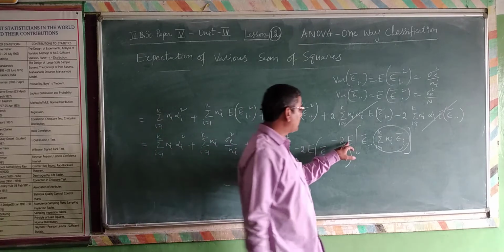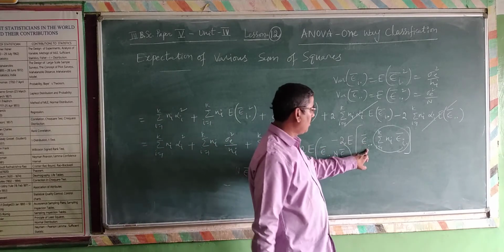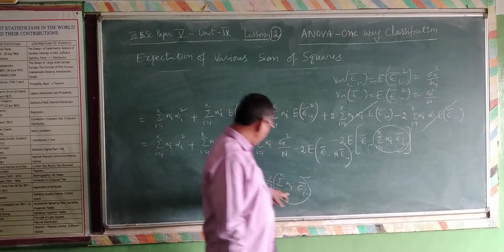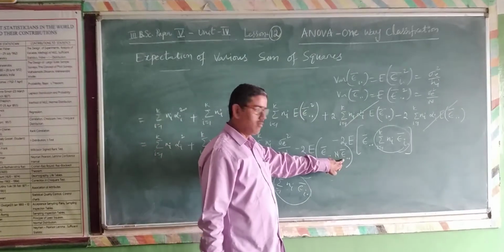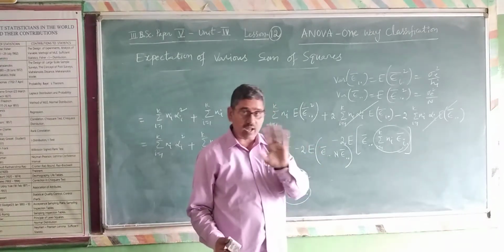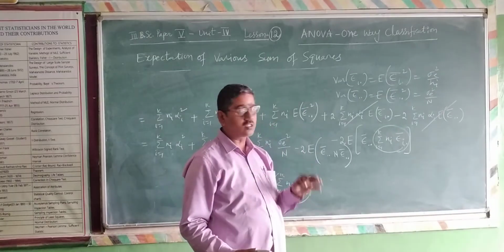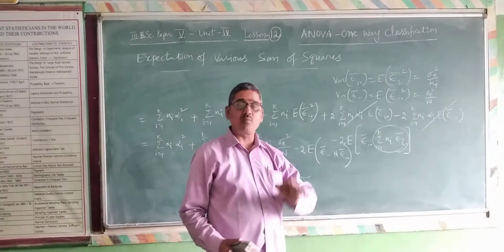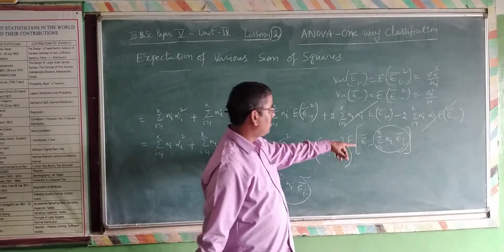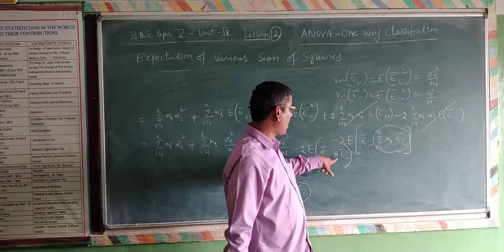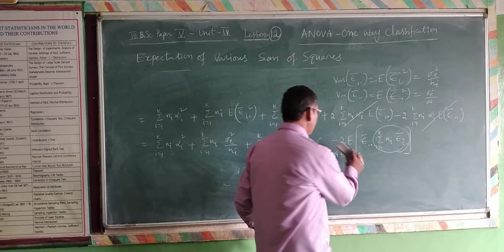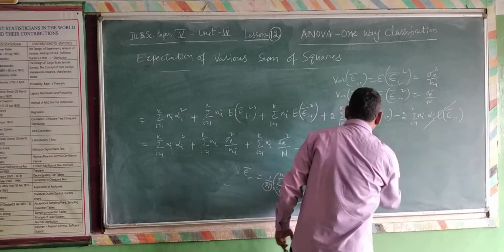So 2 into the expectation of epsilon bar dot dot into this value, which I am replacing with N into epsilon bar dot dot. I did not calculate even the expectations. I just took the summation and replaced the formula with the summation value: summation i equals 1 to k, Ni into epsilon bar i dot, which I have replaced as capital N into epsilon bar dot dot. Hope you understand this particular last term.